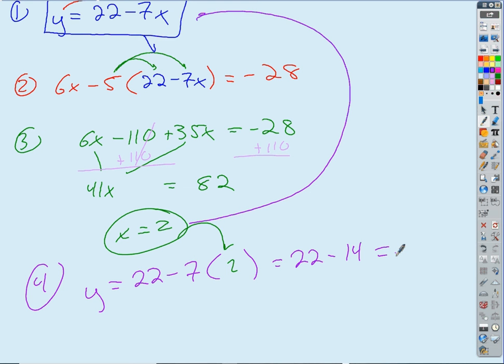What's 22 minus 14? 8. Okay, so I got my y value, I got my x value. How do I write my solution? Ordered pair, (2, 8). Okay, that's it.